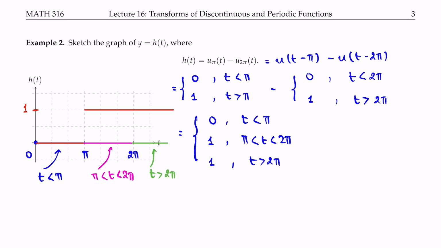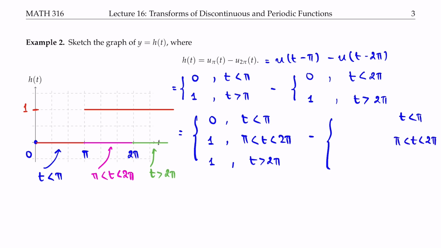Now for this second piecewise defined function, you also need to break it down into 3 different intervals: when t is less than pi, when t is between pi and 2 pi, and when t is greater than 2 pi.